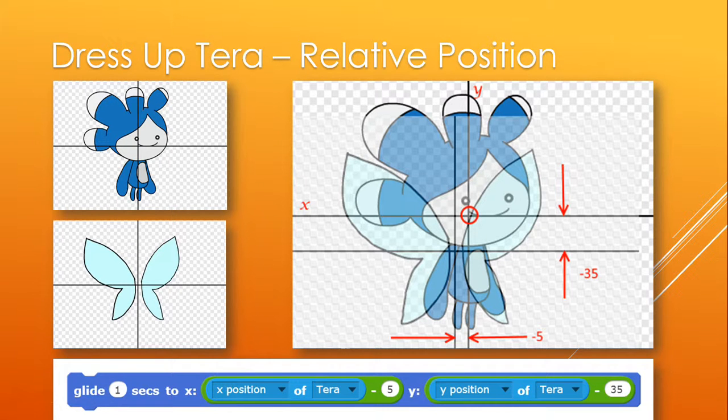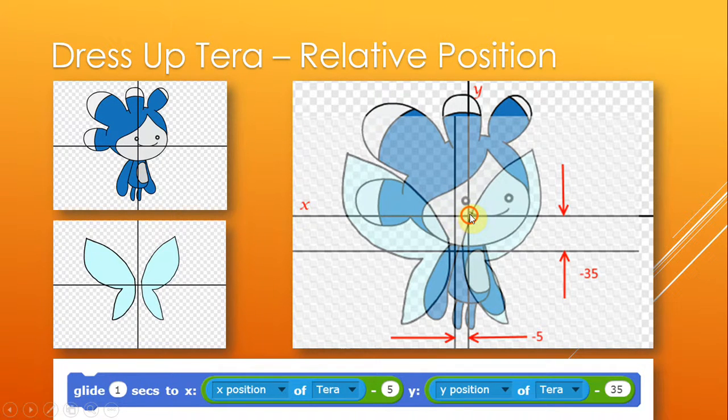Dress up Tera, the relative position, just as a reminder again. If we look at our wings, the center of our wing is there and the center of Tera is there. When our wings fit correctly on Tera, they're going to be slightly off the center position. So there we can see the center of the wings, and the center of Tera.